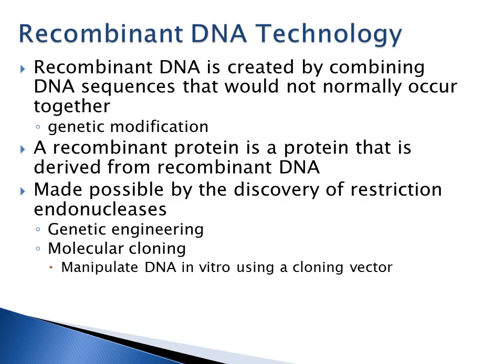Recombinant DNA technology was made possible after the discovery of restriction endonucleases, and recombinant DNA technology is also referred to as genetic engineering as well as cloning. And we're going to discuss the theory behind recombinant DNA technology and cloning.